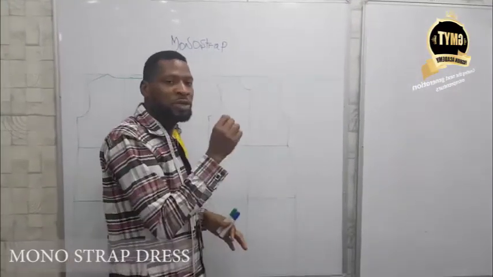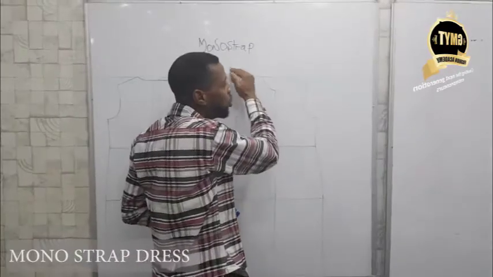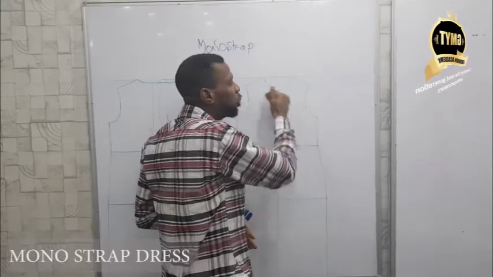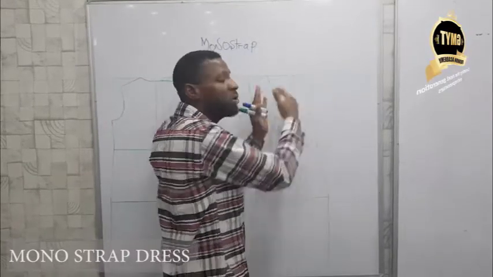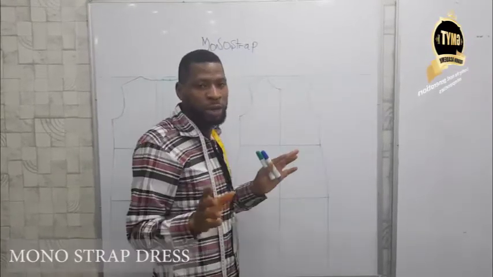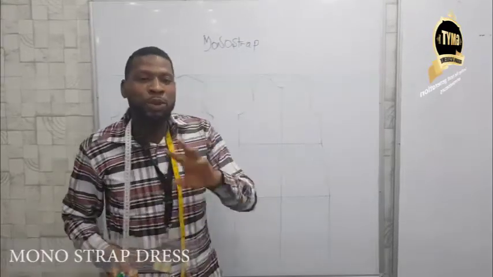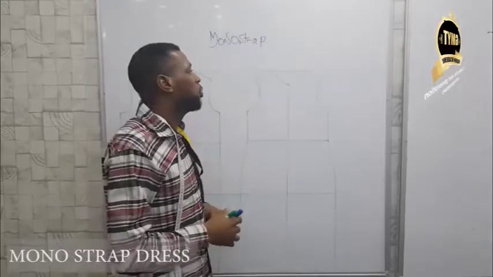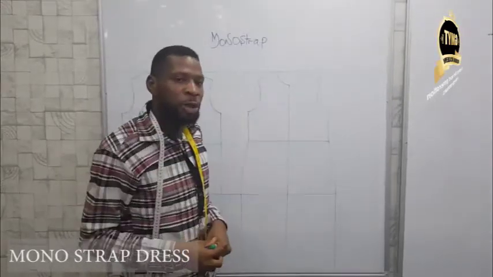But one major thing is that once you are doing a monostrap, one side of the neckline on the body block is going to be cut off or disengaged from the full pattern and not replaceable. So the same monostrap you do on the front pattern is what you are still going to do on the back. So now let's kick the ball rolling.